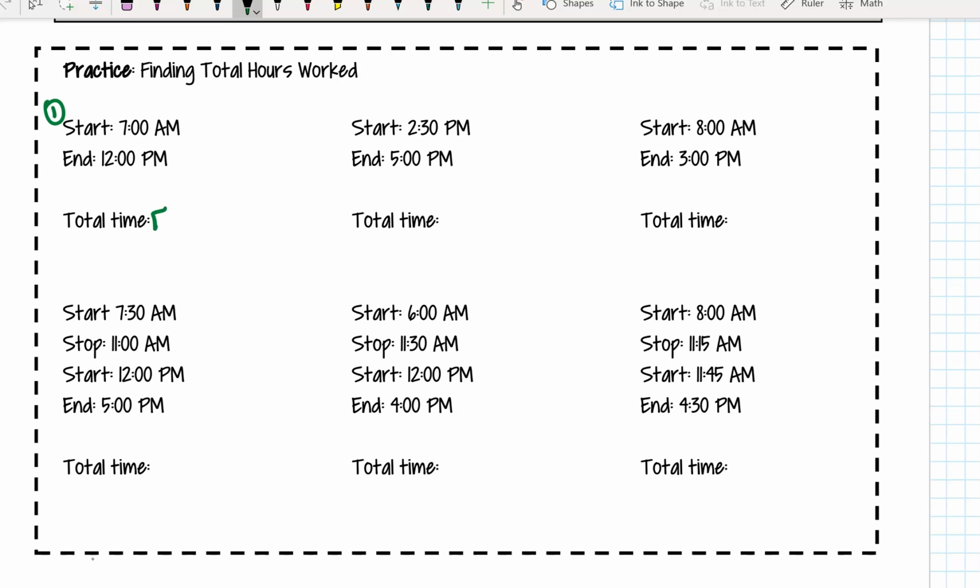That's 5 hours. So you went from 7 to 8, 8 to 9, 9 to 10, 10 to 11, and 11 to 12. So 5 total hours.